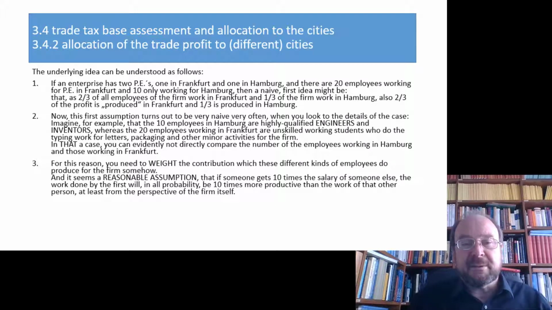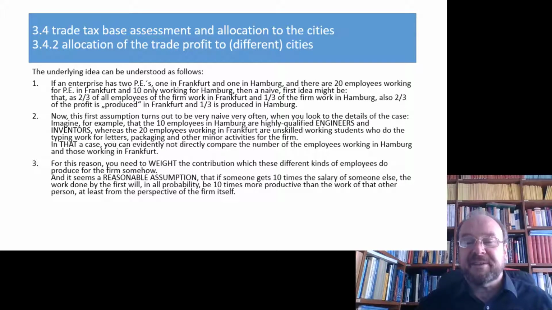And so, at least the perspective of the firm itself seems to confirm that you would not pay 10 times the salary of an average worker to somebody if that special worker is not worth 10 times what the other one does for the business.